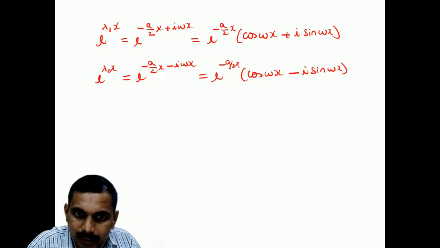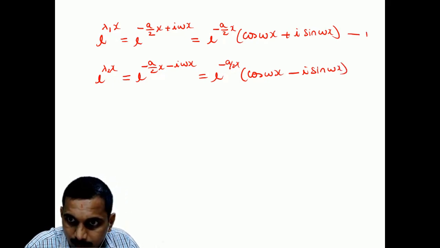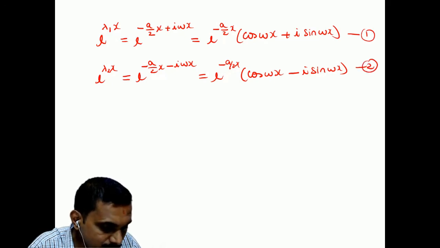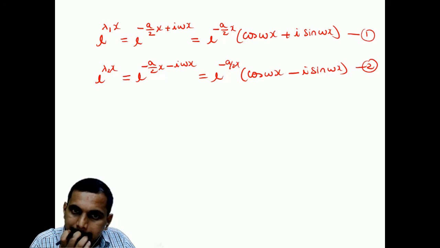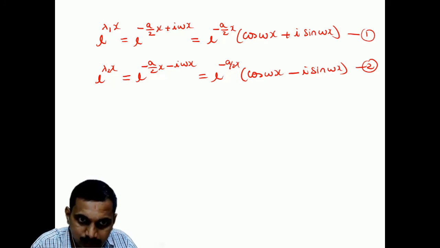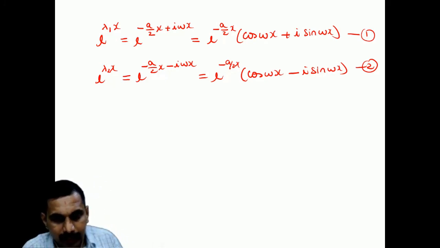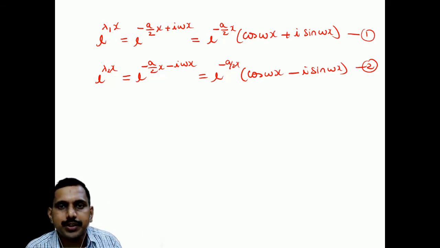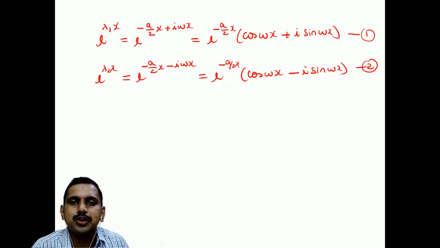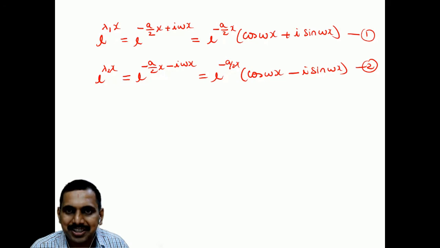Correct? So this is equation 1, this is equation 2, let us say. Now if these are the two solutions, the addition of these two is also a solution. The subtraction of these two is also a solution. A linear combination is a solution, is it not? So the basis can be formed anyhow.